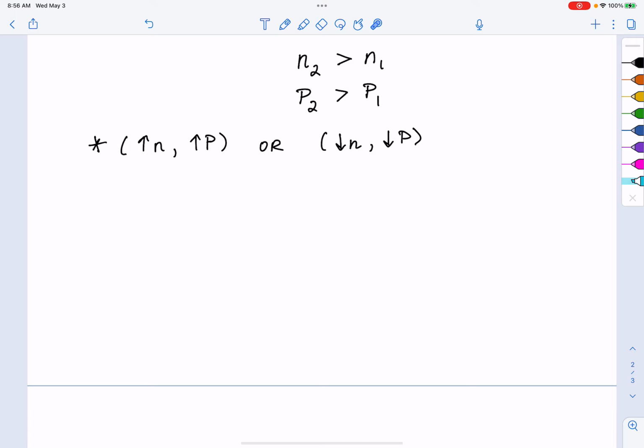And notice since these trends are the same, meaning a change in one results in the same type of change in the other, this is another example of a direct proportionality. And remember, direct proportionality says that the quotient of two variables is equal to a constant.